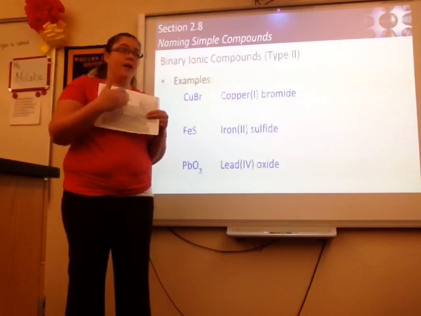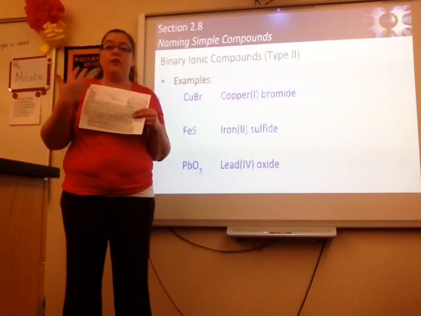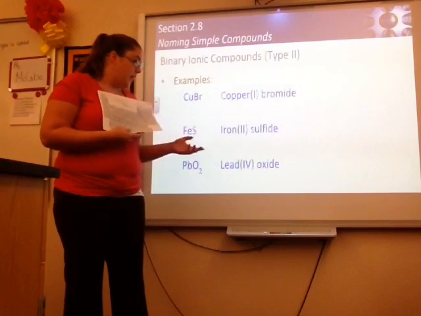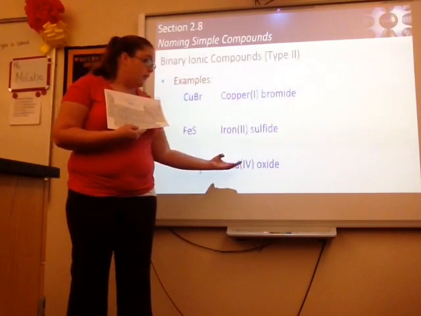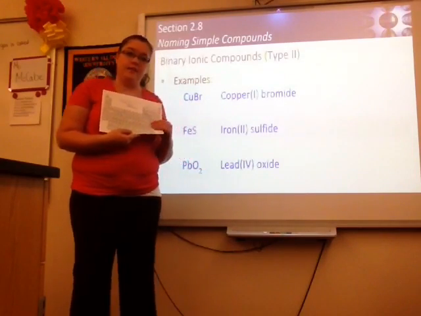So if I have a -4 charge, I know I'm going to have a +4 charge, or 4 lead ions in this case, to cancel out that oxygen. So thus you get lead-4 oxide. Notice I'm still adding the "ide" at the end.